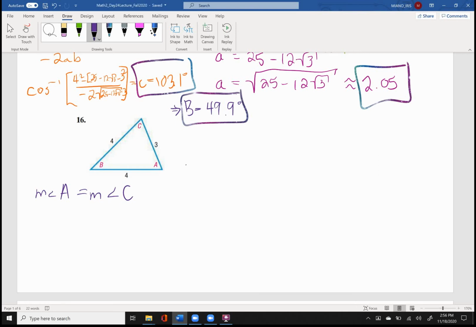Okay, so let's keep that in mind, and I think then we should probably find the measure of angle B, and then we'll just subtract that from 180 and divide by 2, and that will give us not only measure of angle A but C to boot, because they're equal to each other. Okay, so then what should I do? Well, let's go ahead and find, using this version of the law of cosines, the value of B, capital B, that is the angle measure.